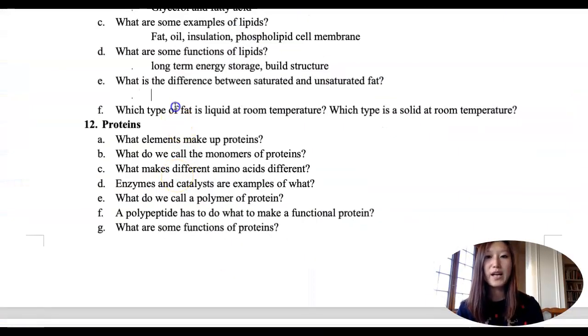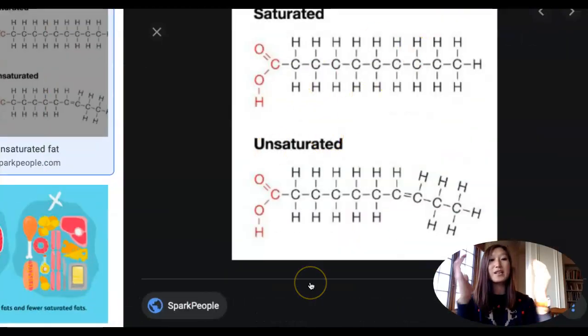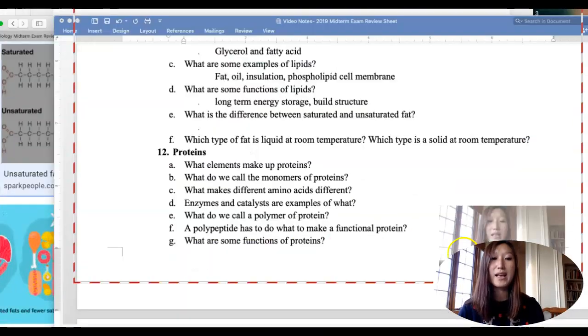All right, moving on. Which type of fat is liquid at room temperature? If you have saturated fatty acid, you can squeeze a lot of them really tightly together, then that will be a solid at room temperature. But if you have unsaturated fatty acid, because you have this kicking of the tail, which is called a kink, they don't pack as tightly together, so then you will have a liquid at room temperature.